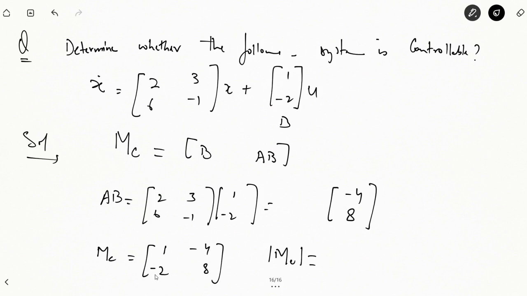That is 8 minus 8, that's equal to 0. So the determinant of this matrix is 0. That means this is an uncontrollable system.